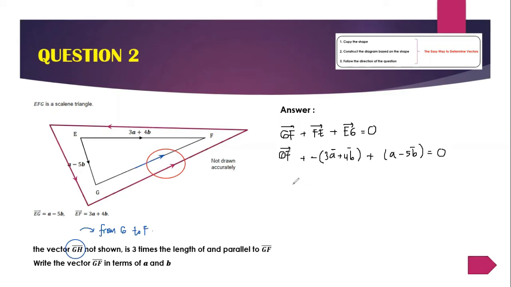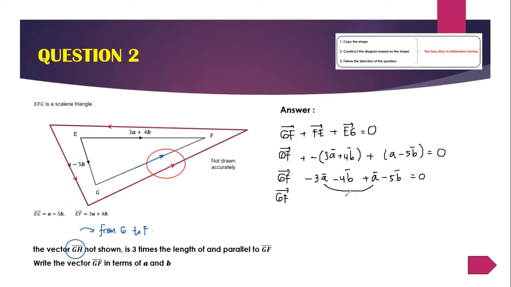Now we want to simplify these factors. Factor GF minus 3a minus 4b plus a minus 5b equals 0. Okay, factor GF and then this one, right?